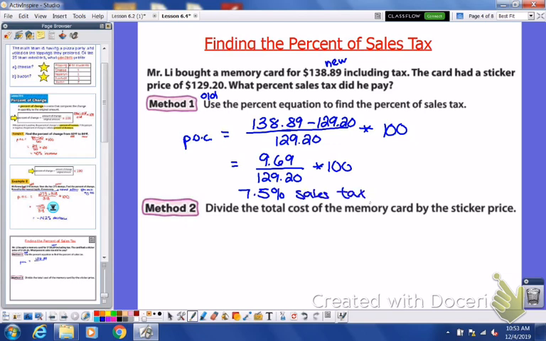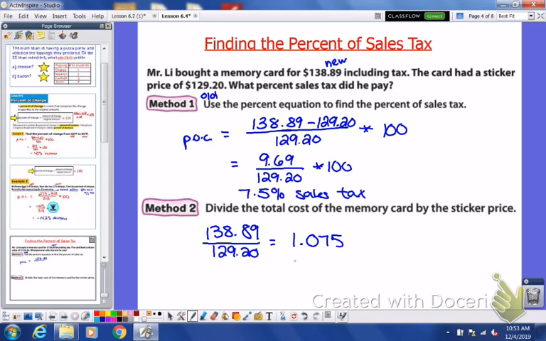Okay, so there's one way to find our tax using our percent of change equation. The other way, method 2, divide the total cost of the memory card by the sticker price. So we take our total cost of 138.89 divided by the sticker price of 129.20. When we divide that, we get 1.075. Now there's a few steps we have to do here.